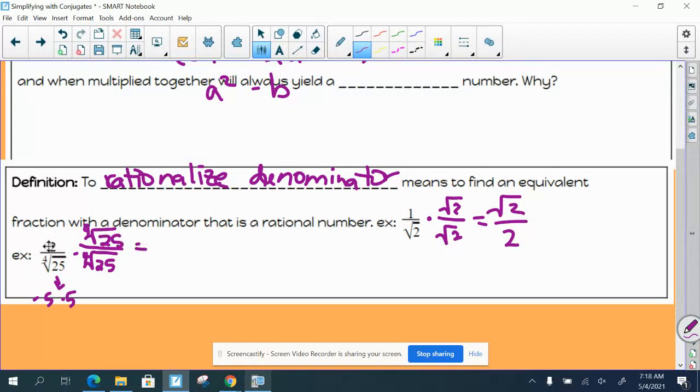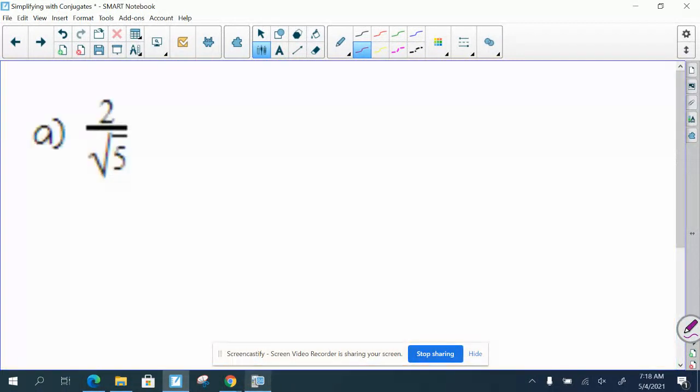So this turns out to be the fourth root of 25 divided by, and then the fourth root of 625 is just 5. And then if you can simplify the numerator and denominator, you can, but here we can't, so we'll just leave it like that. All right, so some examples.